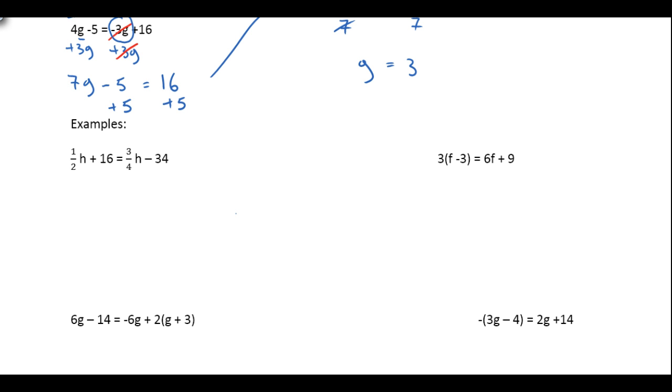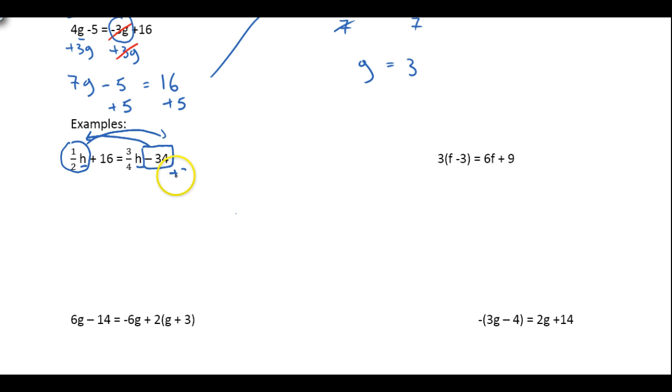Okay, very similar question down here. I have h's on both sides, making this a type 3 equation, so I have to get all the h's on one side. I'm going to move these h's over here, and I'm going to move this 34 over here. Let's go ahead and do that first.